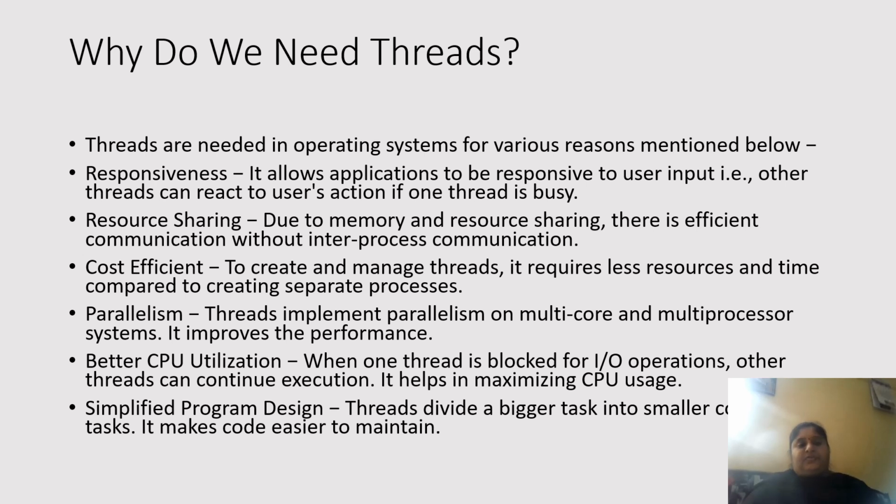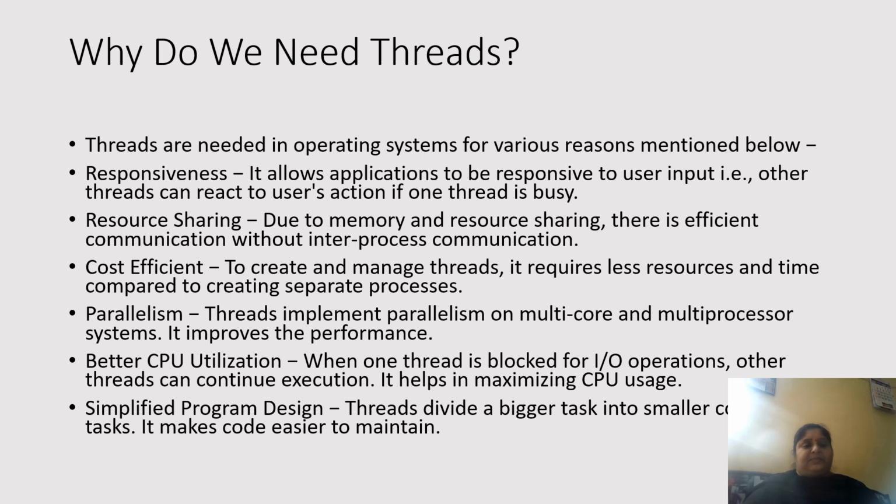Next one is cost efficiency. To create and manage threads, it requires fewer resources and less time compared to creating a separate process. For every process, we need a memory space. And also we have to manage the threads. So in a single process, the multi-threading concept is here, so it will be more cost efficient.